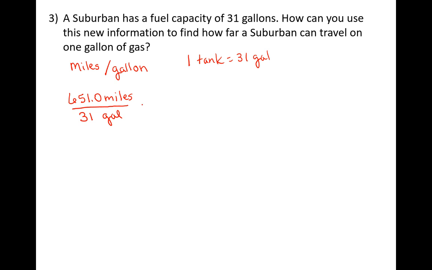So now you need that calculator: 651 divided by 31. It comes out to be exactly 21 miles per gallon. That's a rate. Rates always have that word per in it, and rates are often graphically expressed as slopes.